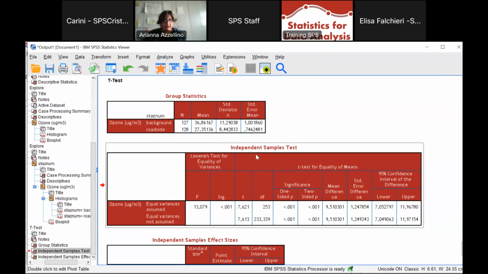Even though I selected the independent sample t-test procedure, which is a test that compares two sample means, the software has generated an additional test. The test that compares the two standard deviations, or the two variances, if you want.